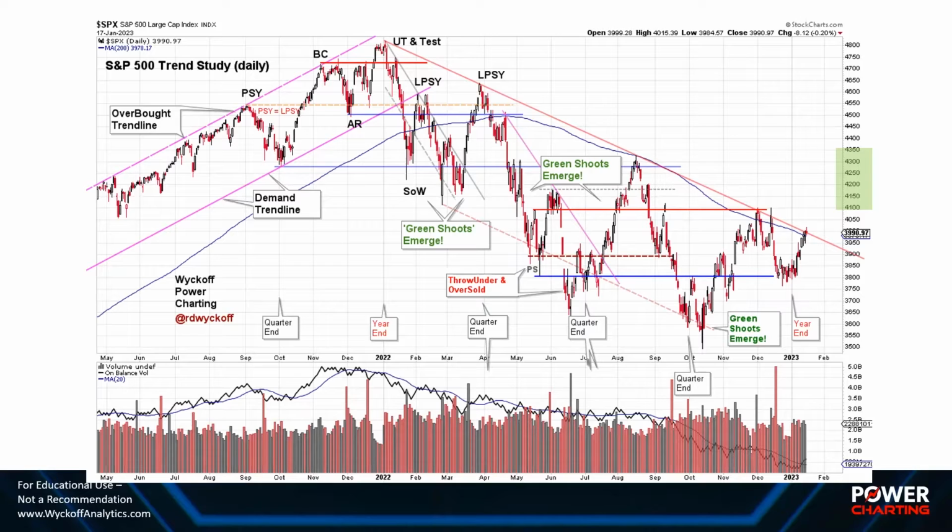This is my Wyckoffian interpretation of the downward structure of this trend channel. And we are at a most interesting place right now because you can see that at the end of, well, right there in December, we rallied up to the overarching supply trend line.